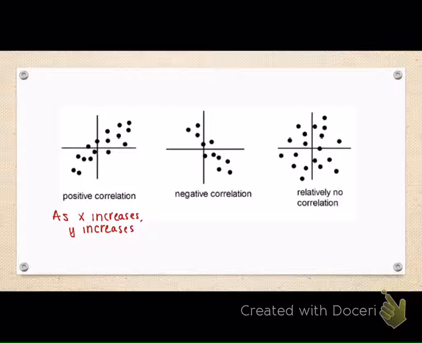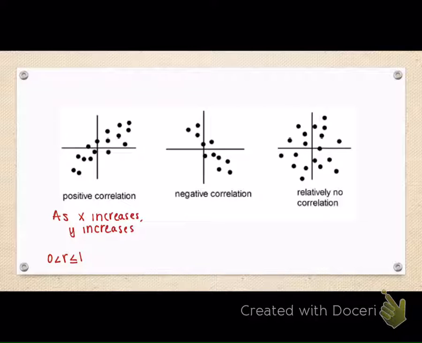Positive correlations will have a correlation coefficient between 0 and 1. The stronger the correlation, the closer it is to 1.